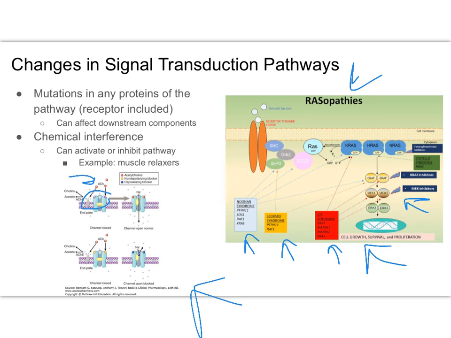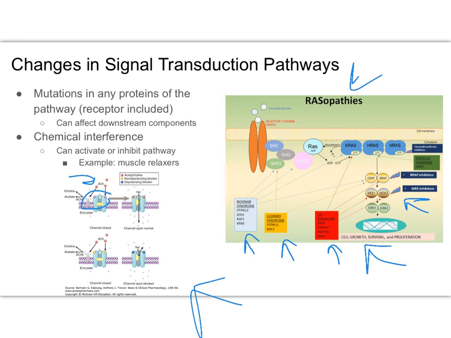They will block the acetylcholine's ability to bind to the receptor. So now I've interfered with the signal transduction pathway by blocking the reception. If there's no reception, then the ligand channels don't open. And if the ligand channels don't open, then it doesn't allow for sodium to come into the muscle. If no sodium ever comes into the muscle, then it doesn't get the information that it needs to be contracting.